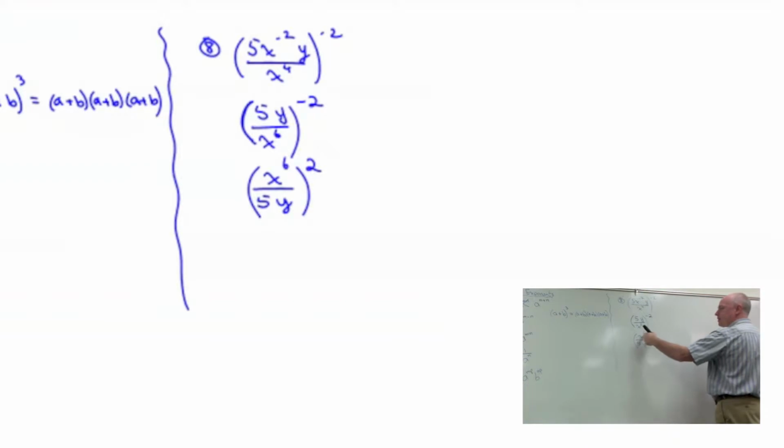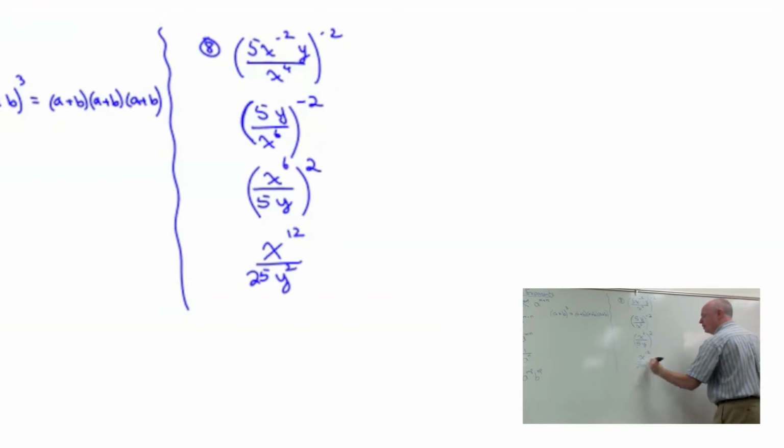So x to the 6 squared, x to the 12. 5 squared, 25. y squared, of course, is just y squared. See? Easy. Just reminding you how to do these things. These can't get hard if all you have to do is follow the laws of exponents.